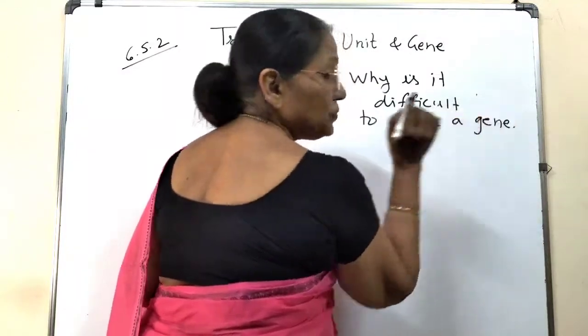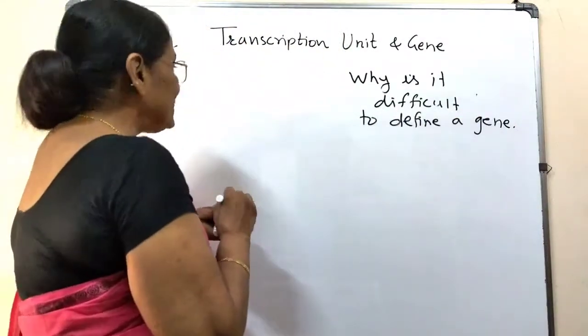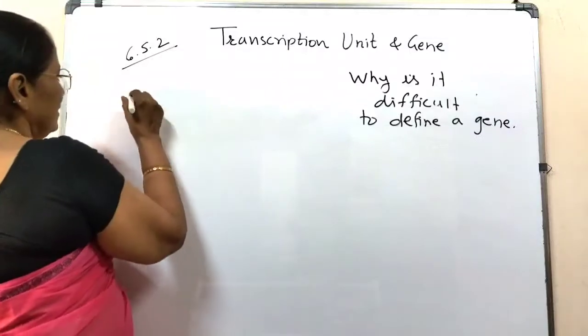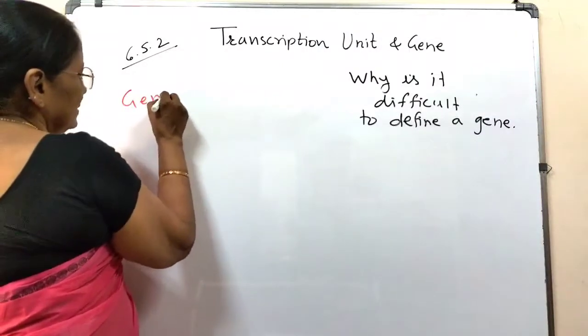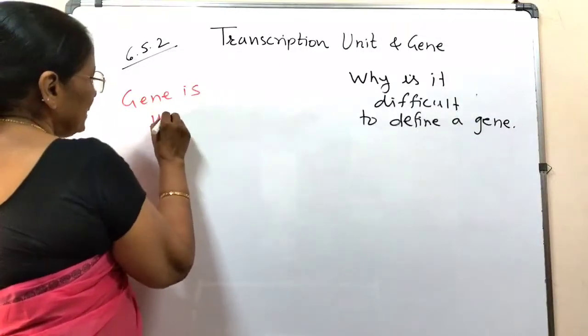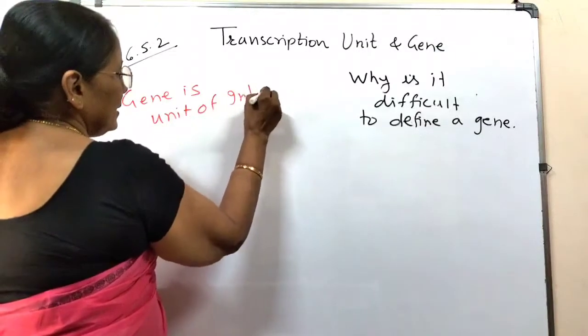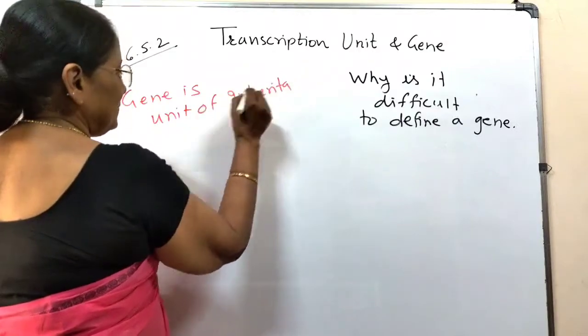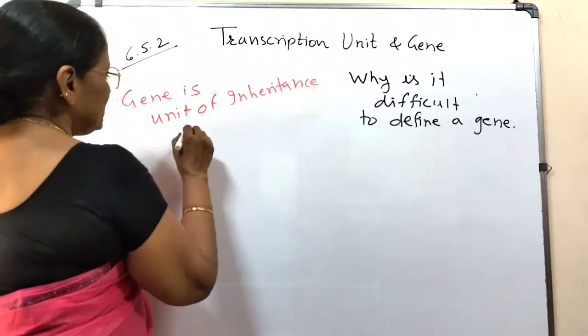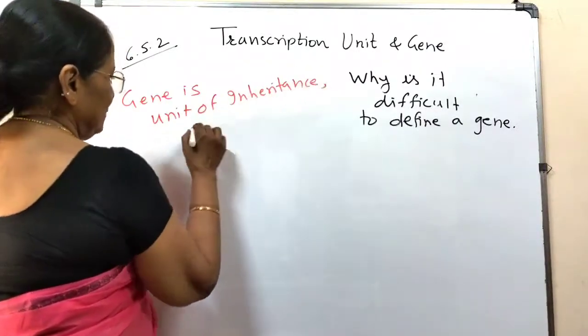Fine. How do we define a gene? We say that a gene is the unit of inheritance which is part of DNA.